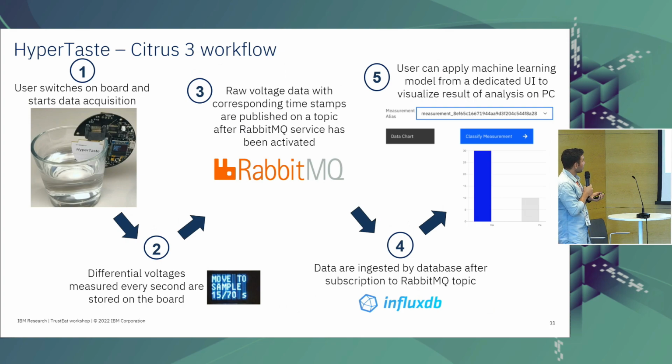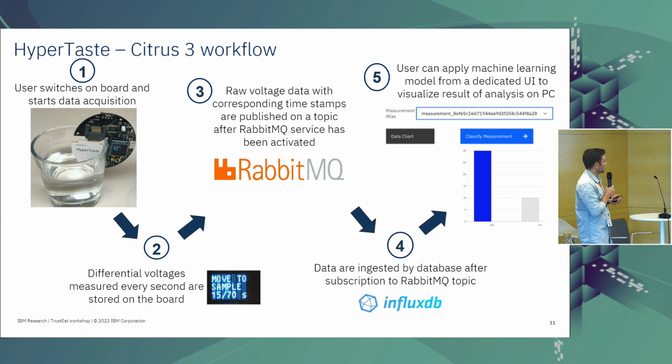While in the second approach, we had the direct streaming of the data. So these differential voltages that we measured through RabbitMQ, which is one of these brokers that I mentioned, were streamed or published to the queue. And then there was a database, which is called InfluxDB, that was subscribing to the broker in order to retrieve the information that we get from the sensor.